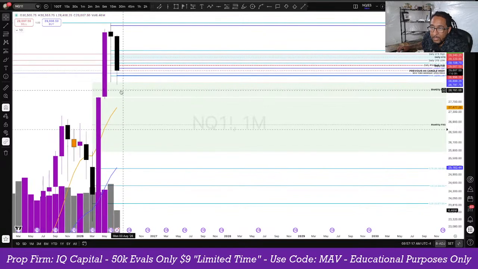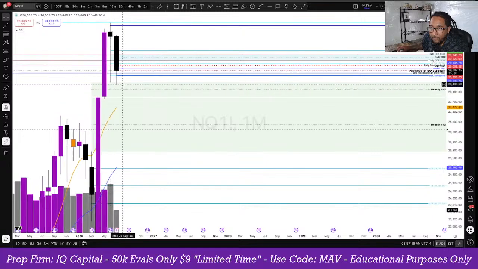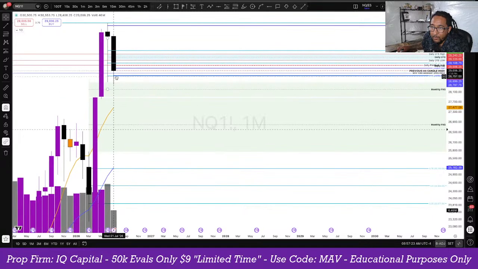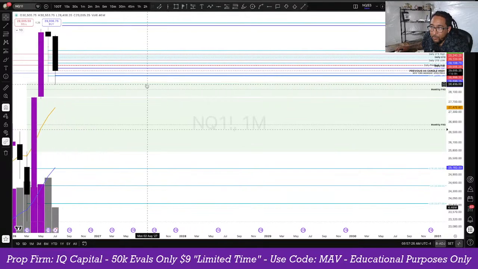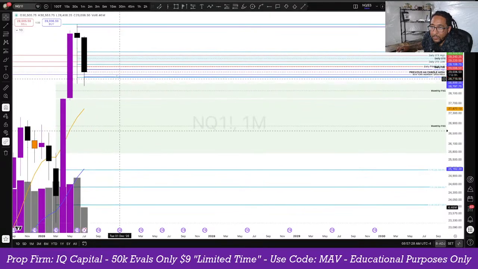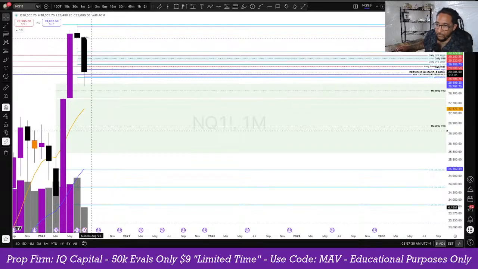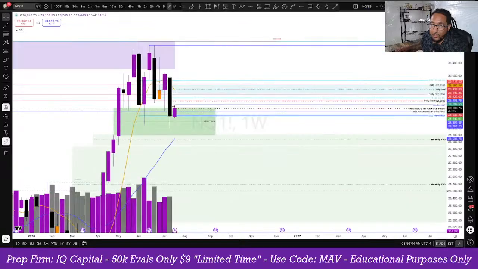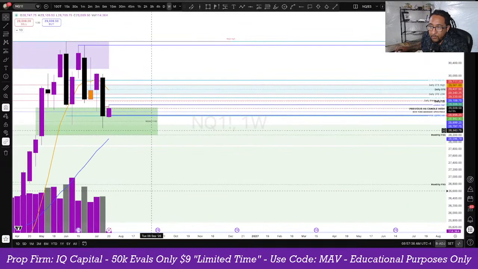So last week we tapped into our monthly fair value gap, which sparked an immediate rejection to the upside. So that there tells us that, although we are in this pullback phase, we are rejecting on the weekly here. So this was last week's candle.